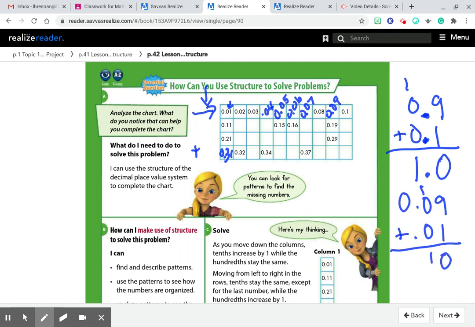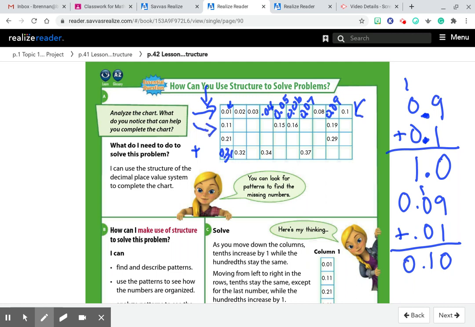Carry the 1. So we wind up with 1 tenth, or we can say 10 hundredths. It'll be the same thing. So you just add decimals the way you add whole numbers. You make sure they're lined up by place value. Carry, regroup, and rename.